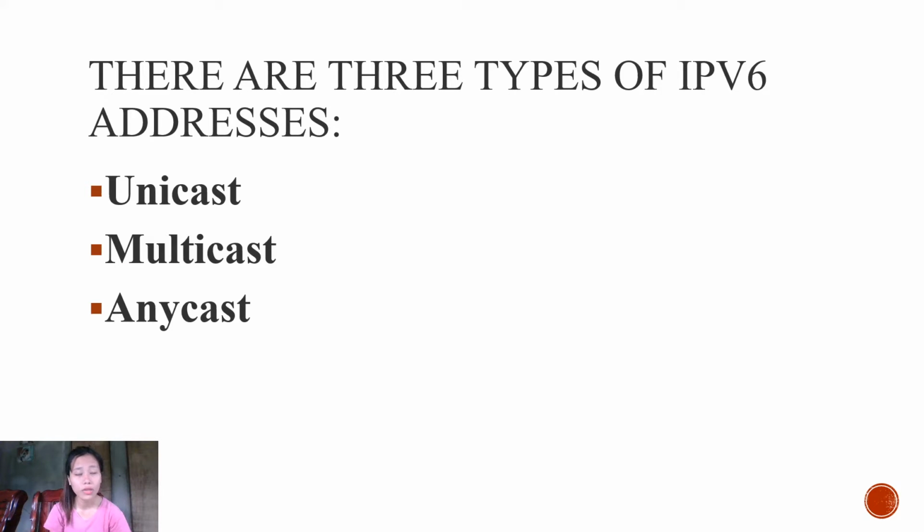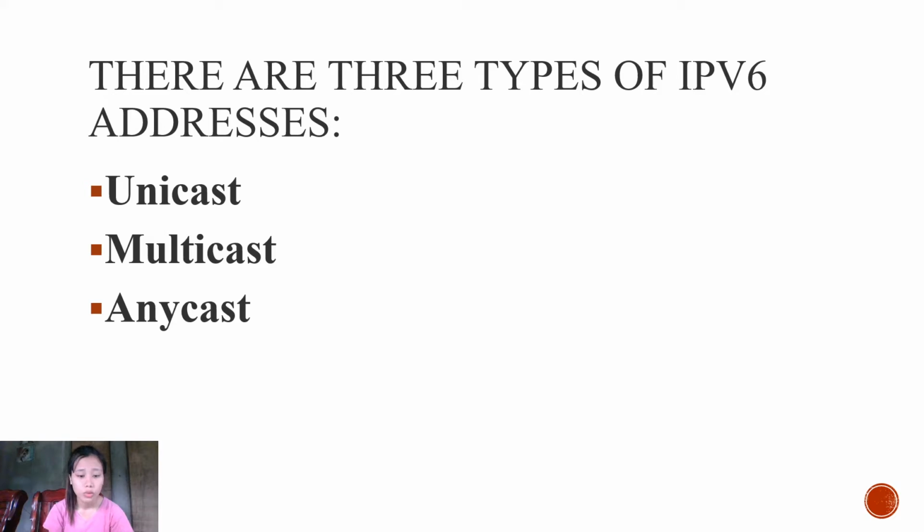An IPv6 multicast address is used to send a single IPv6 packet to multiple destinations. An IPv6 anycast address is any IPv6 unicast address that can be assigned to multiple devices. A packet sent to an anycast address is routed to the nearest device having the address. Anycast addresses are beyond the scope of this course.